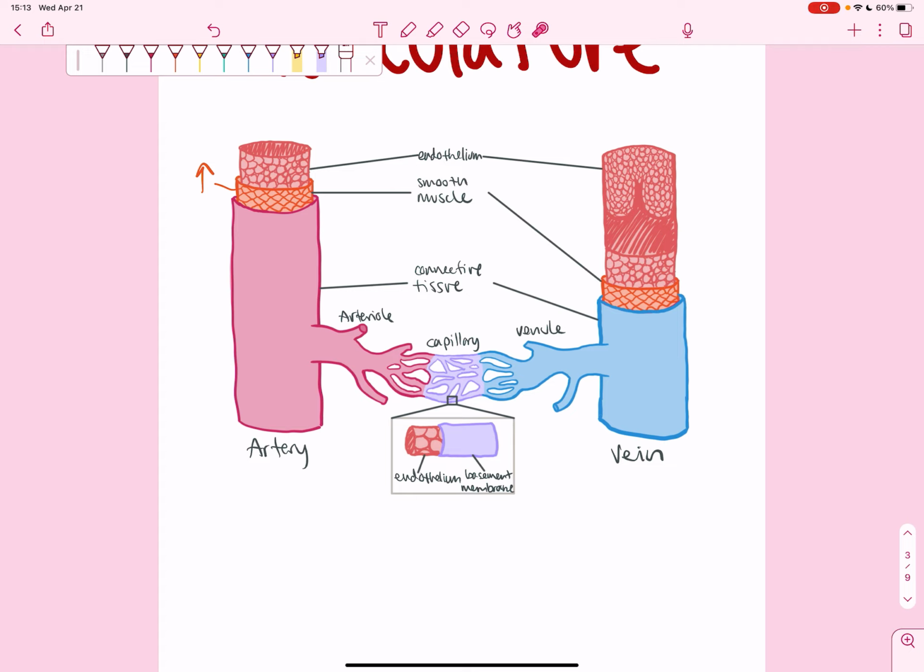Then moving on to veins. The veins are a little bit different. Veins are thinner than arteries, and they're inelastic, but they're able to stretch more to accommodate larger volumes of blood.